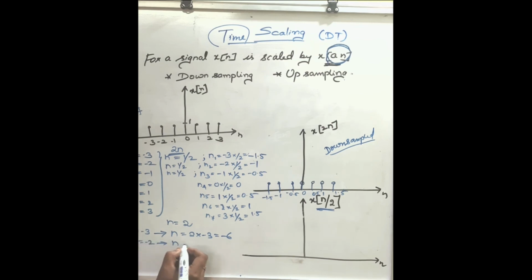The new value is 2 into minus 2, minus 4. Again 2 into minus 1, 2 into 0, 2 into 1, 2 into 2, again 2 into 3, 6. So having this, the new values of n are 0, 2, 4, 6, minus 2, minus 4 and minus 6.